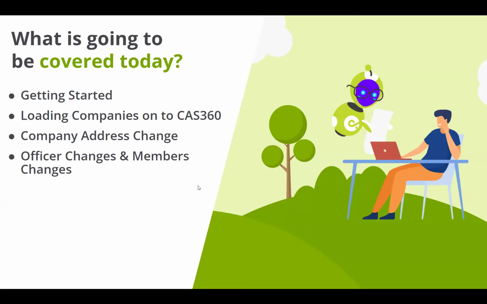In lesson number 4, we'll cover officer changes and members changes. We're going to learn lesson number 4 and 5. We'll cover how to do basic officer changes, which includes appointment of officers, resignation of officers, and also learning how to do some share transactions.